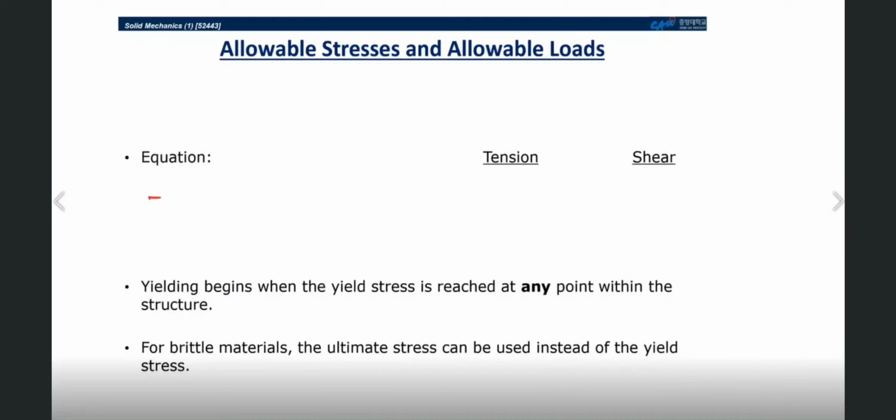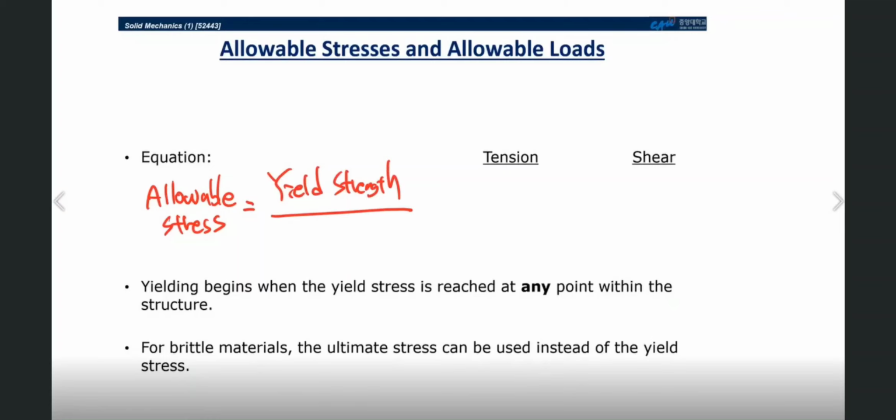Allowable stress can be identified as the failure stress over the factor of safety.